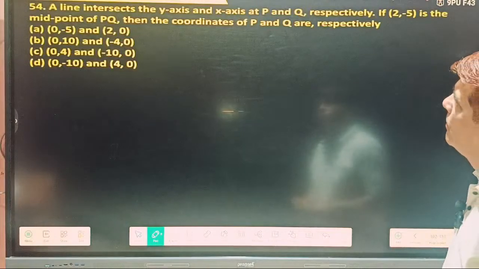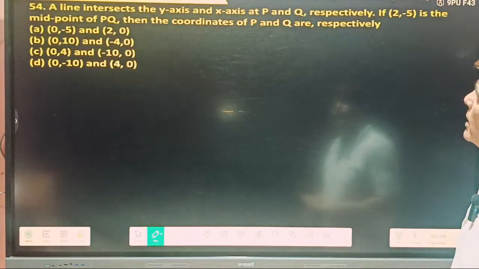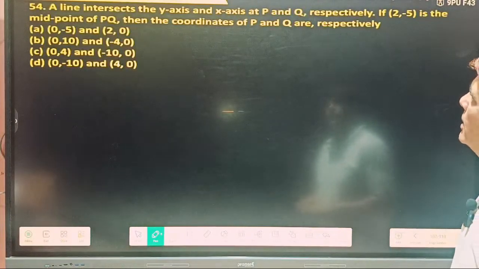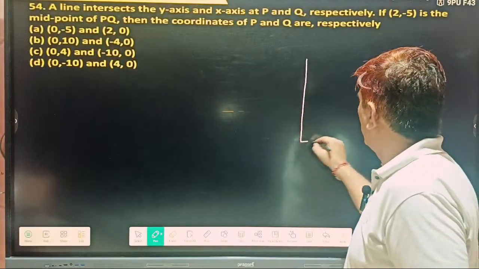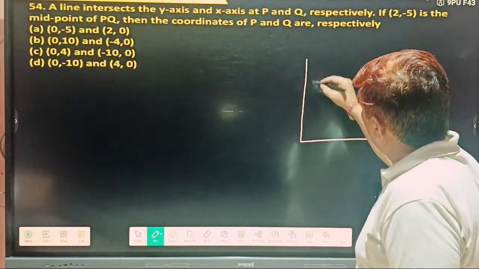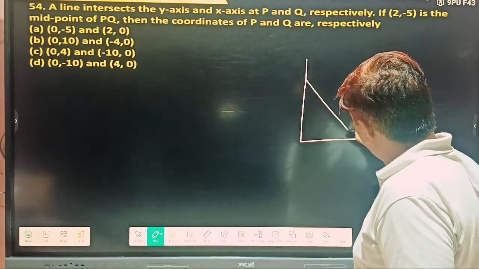Easily we can solve. A line intersects the y-axis and x-axis at points P and Q. Like this, look one time, and one line is intersecting like this.